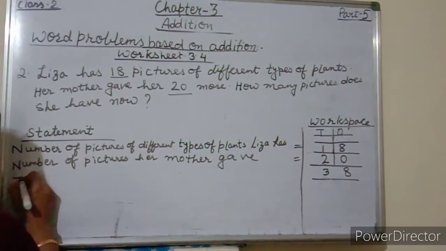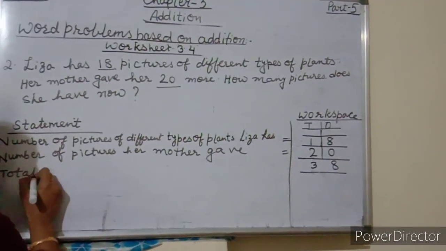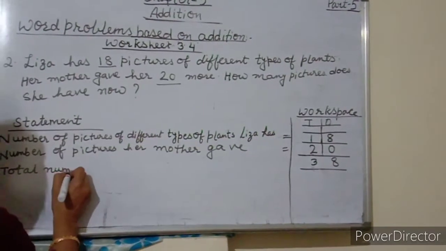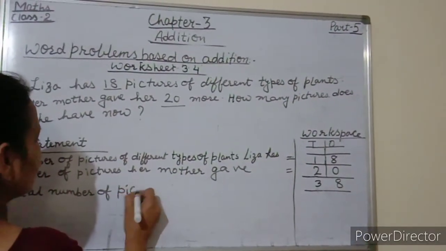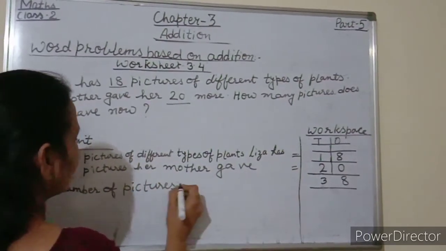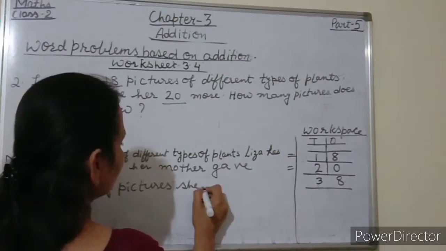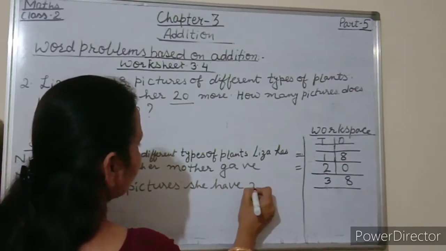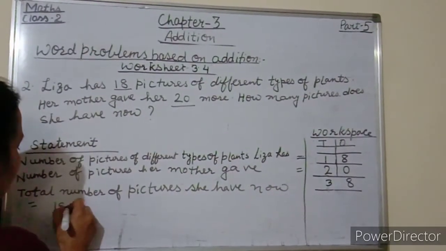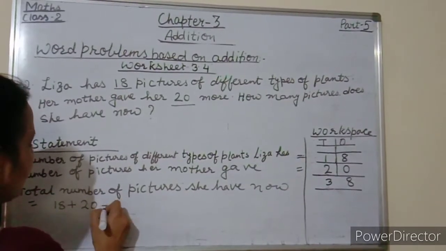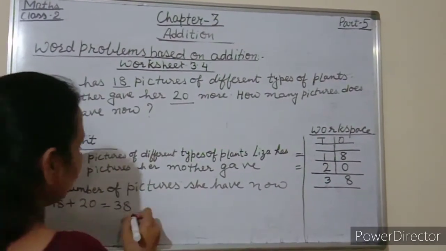So see, total number of pictures she has now is equals to 18 plus 20 is equals to 38.